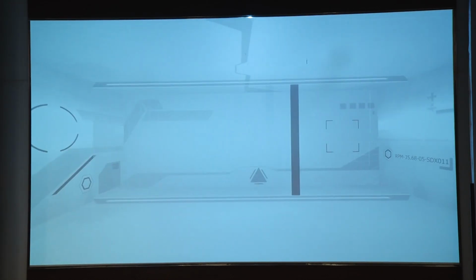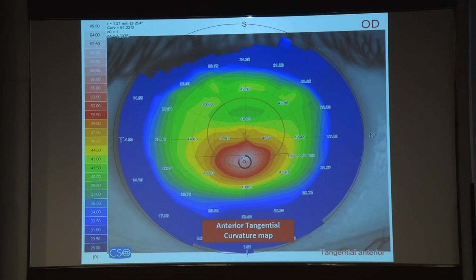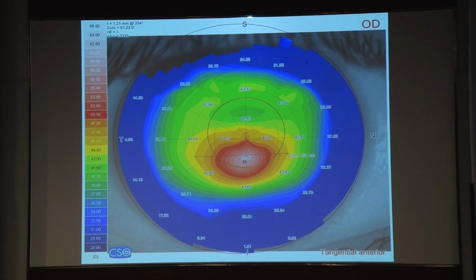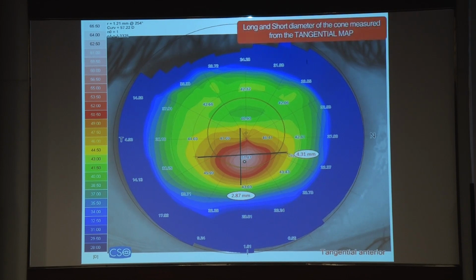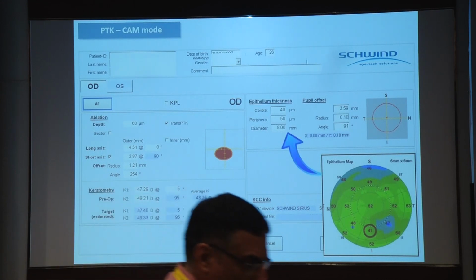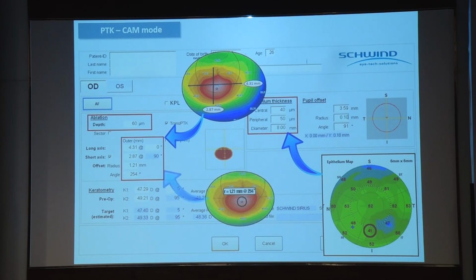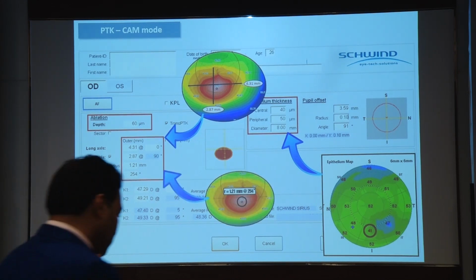Planning a topo-guided treatment in the Schwind Amaris platform: the offset of the cone is measured from the pupillary center from the anterior tangential curvature map, followed by measuring the long and short axis of the cone. The ablation depth is set at a maximum of 20 microns more than the thinnest corneal epithelium thickness, measured by anterior segment OCT.